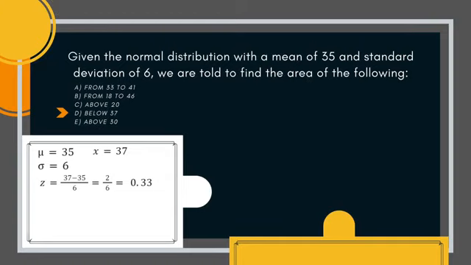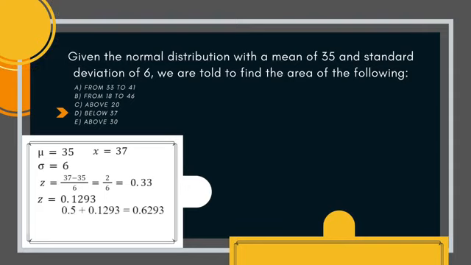After that, look for its equivalent in the z-score table, and we will find out that its value is 0.1293. Katulad ng problem bago dito, hindi pa yan ang final answer natin dahil kulang pa ang area na mayroon tayo. There are still more values that are lower than 37 on the other 50% side of the distribution.